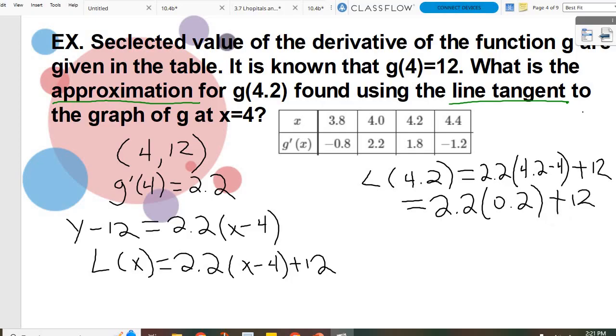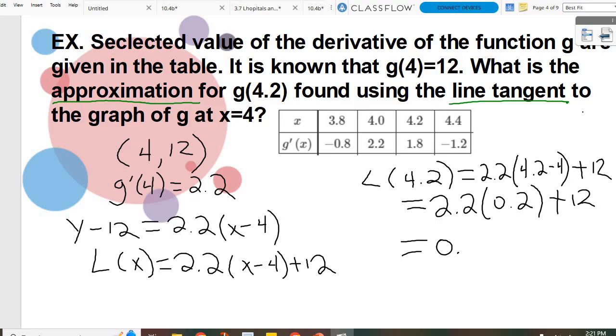What is 2.2 times 0.2? You put that into your calculator.